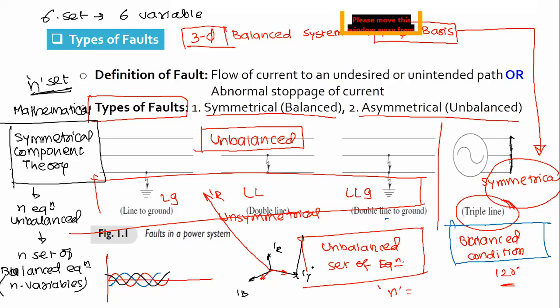Because here we have a three-phase system, we will have three sets of equations from IA, IB, IC. We get IA0, IA1, IA2. And as these symmetrical components are balanced, from that we can get IB0, IB1, IB2 if required, IC0, IC1, IC2. Because these three are in balanced condition, we take only one from it.